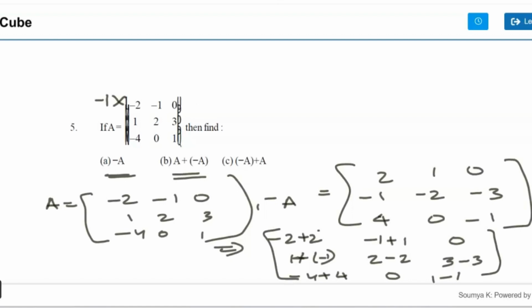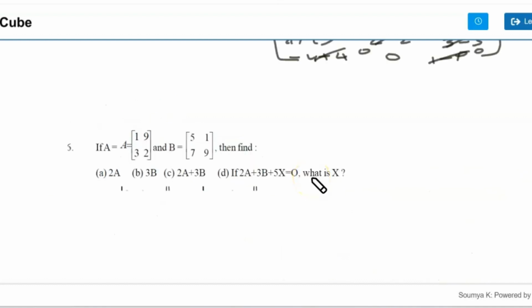You check here, it will arrive at 0 here, 0 0 0 0 0 0. So all the elements are 0. So this matrix, when added to its scalar multiplication at -1, you will arrive at the answer as 0. Okay, similarly this also you can check, you may get a similar result.